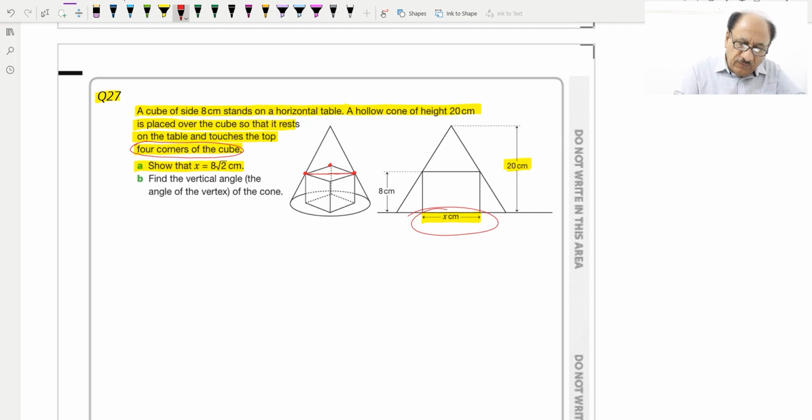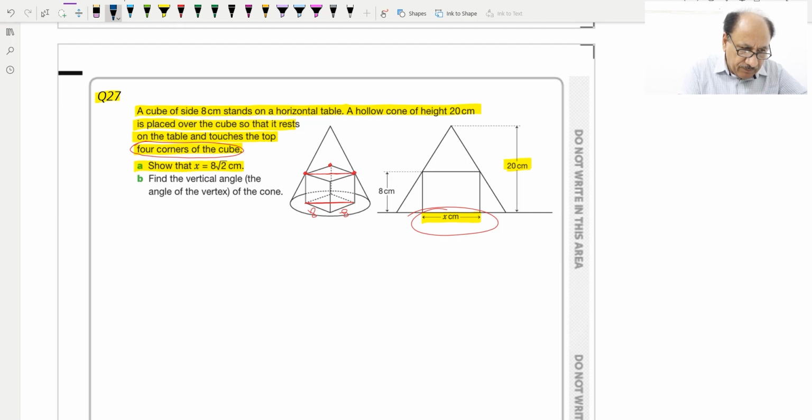So if we consider the diagonal, if I draw clearly, the base diagonal will be this one, and each side is 8 centimeter. This side is 8, this side is 8. So we need to find it by Pythagoras theorem.